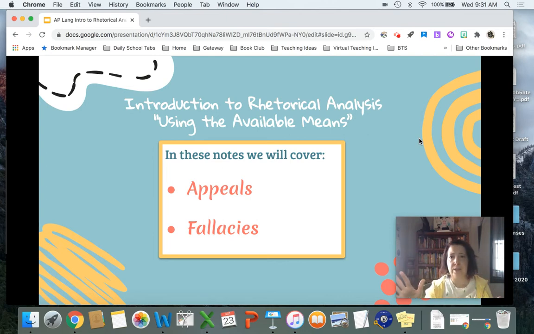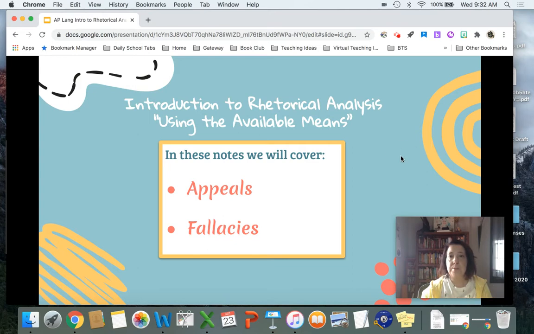It's fairly obvious. But also just starting to think about these logical gaps, these tricks, these manipulations that are actually untrue, but are used to compel a reader to buy in to a particular argument or position. So those are the focus of these notes.